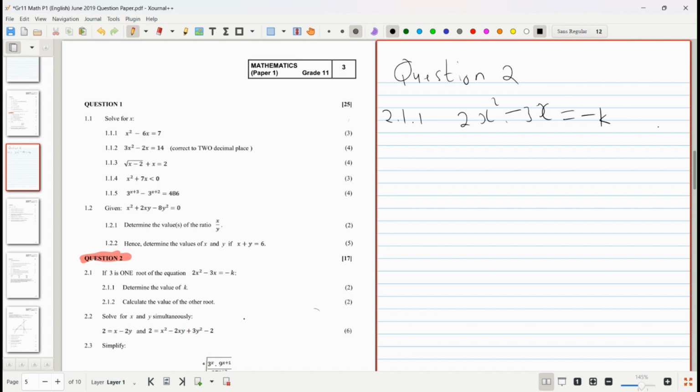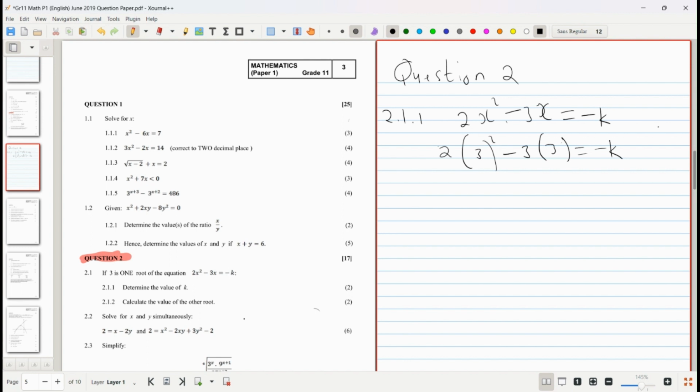So when we substitute x, which is 3, we will have 2 times 3 squared, minus 3 times 3, all equals negative k.